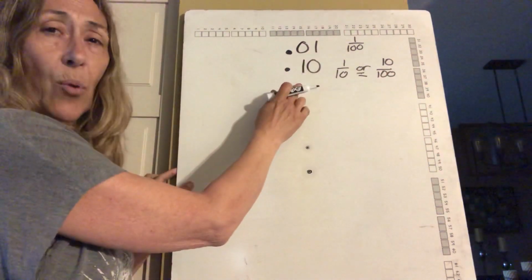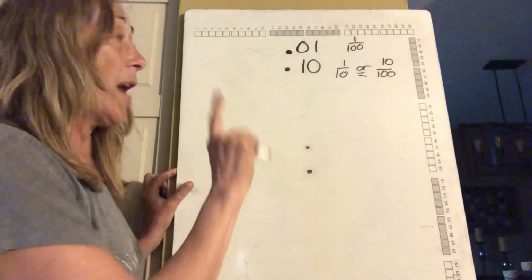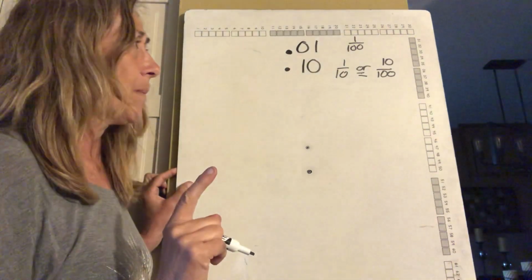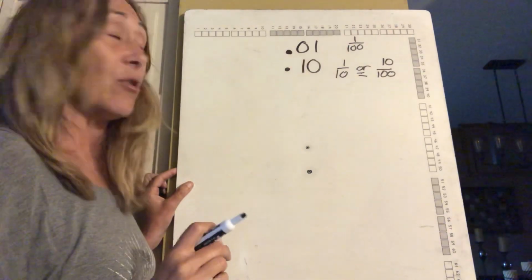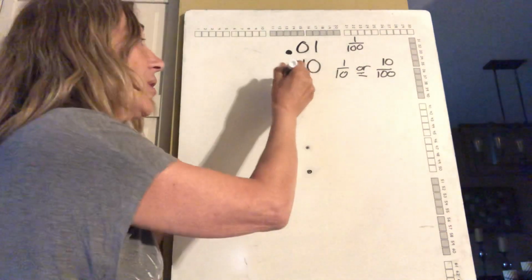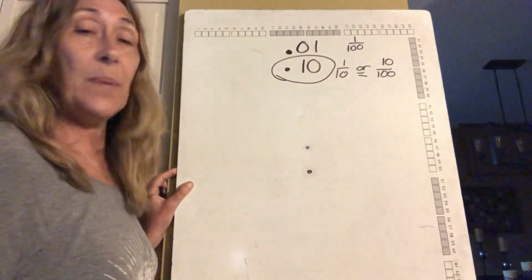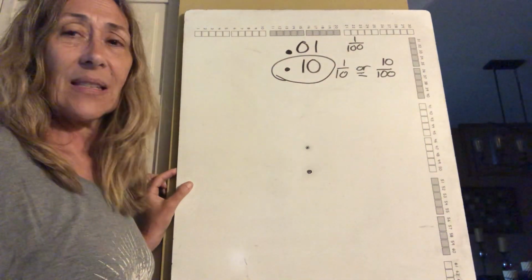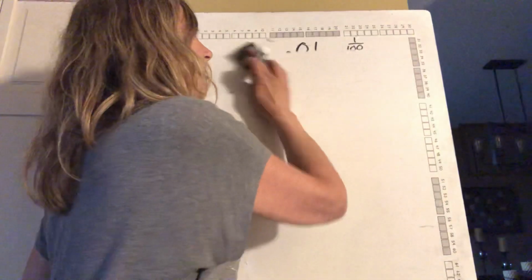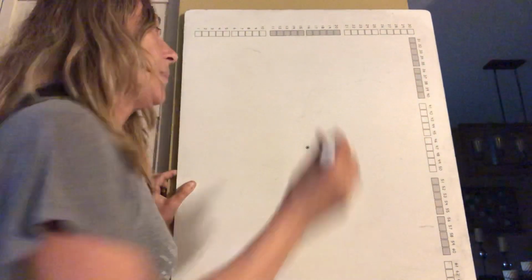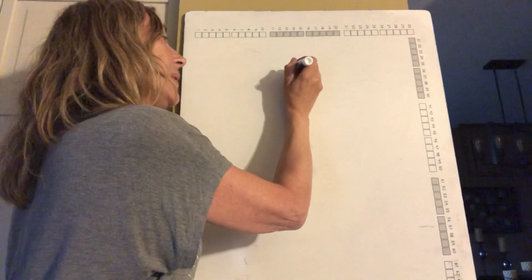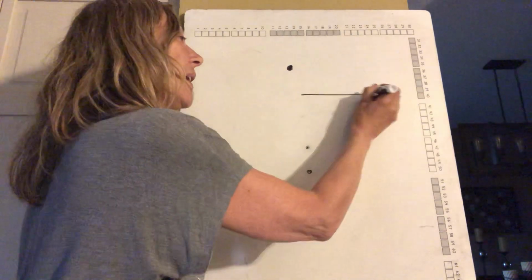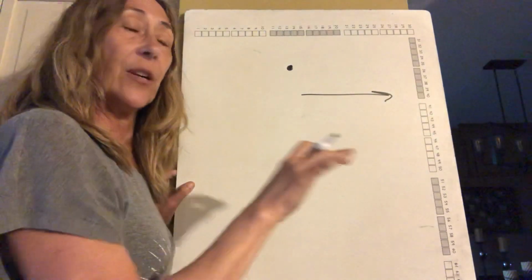So if I looked at both of these decimals, 1 out of 100 pieces or 10 out of 100 pieces, the larger would be the 10/100ths. So keep in mind, here's my decimal, and it keeps getting smaller and smaller.